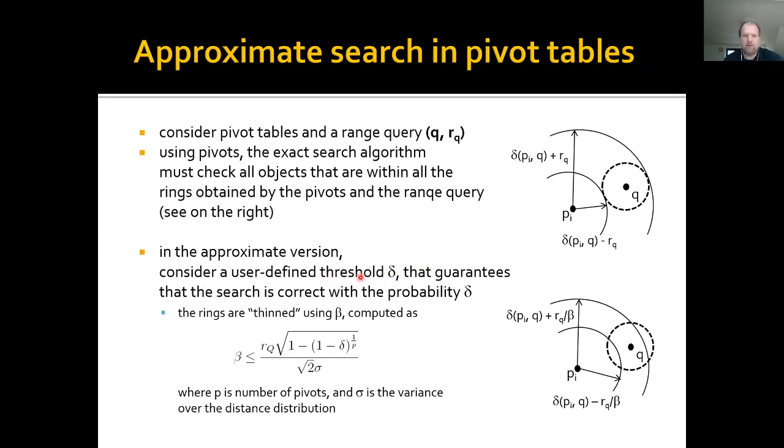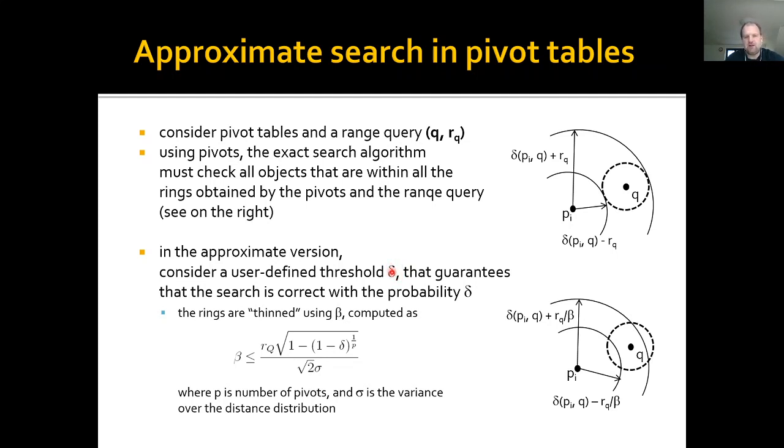So we as users define the delta parameter. This means the probability that the search is correct. So we have a correct search with probability delta. That's what the user says, for example 0.9, a 90% probability that it will be correct.